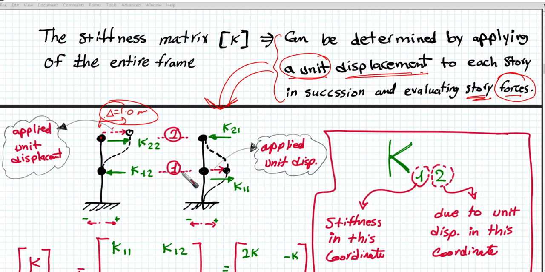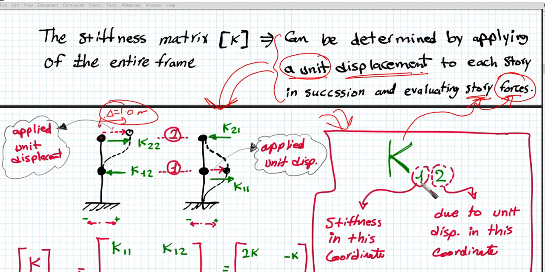Okay. Now let's see what these designations that I have put here mean. This is K12, K22, K21, K11. What is the meaning of this? If you look here, you're going to understand it. Whenever I have K, it means story shear, or story force.